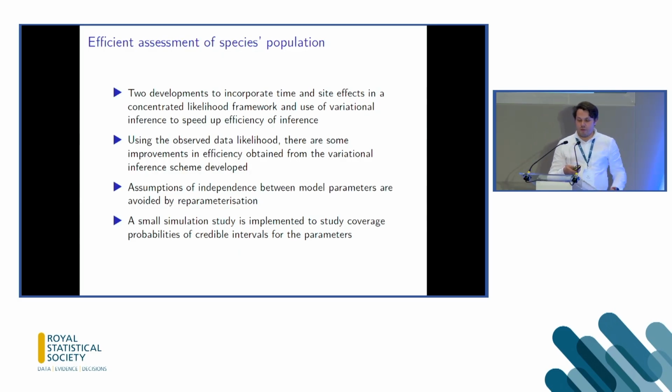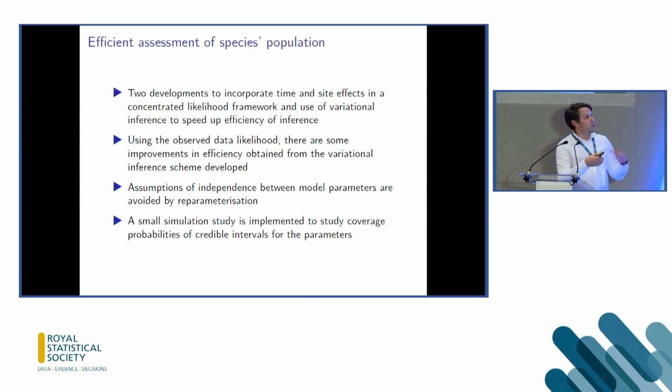Occupancy models are very, very widely used in ecology, so there's a huge amount of interest in developing more efficient and complex versions of these, and it's particularly nice to see some excellent examples of that here. When using the observed data likelihood, we can see some improvements in efficiency obtained from the variational inference scheme developed. We get better estimates of the uncertainty through a Bayesian approach incorporating prior information.